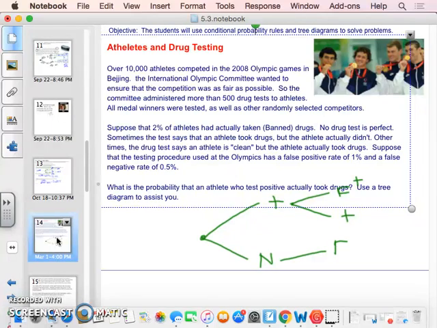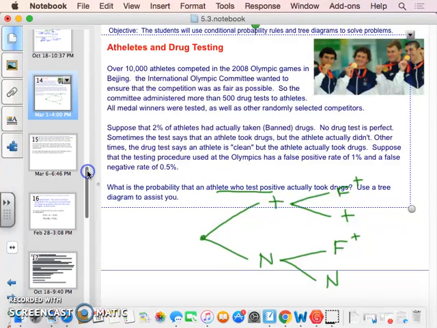And here we'll get a false positive and a negative. All right? And then when you read through, you should be able to figure out where the numbers go and calculate the probability that you test positive and you actually did the program. So finish that one, and then if you want me to check it, just raise your hand and let me know.